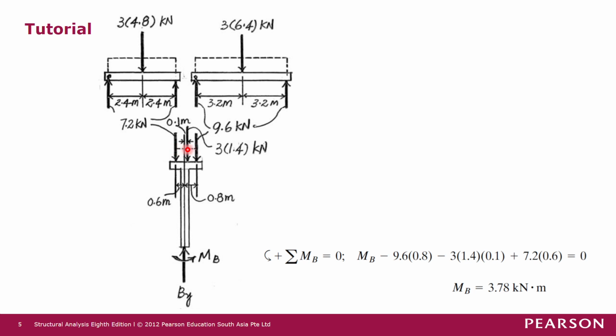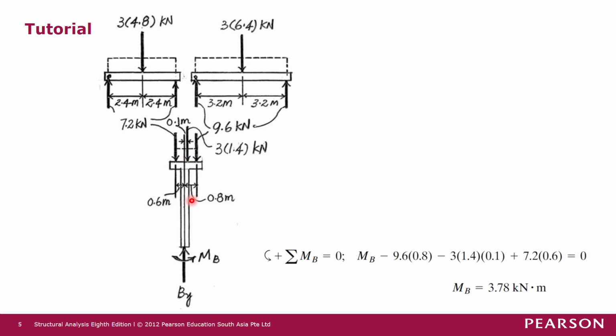So this should be 0.7 meter from here to here. But this one from here to here is 0.6 meters. So meaning that the resultant force of 3 times 1.4 kilonewton is 0.1 meter to the center of this column here.